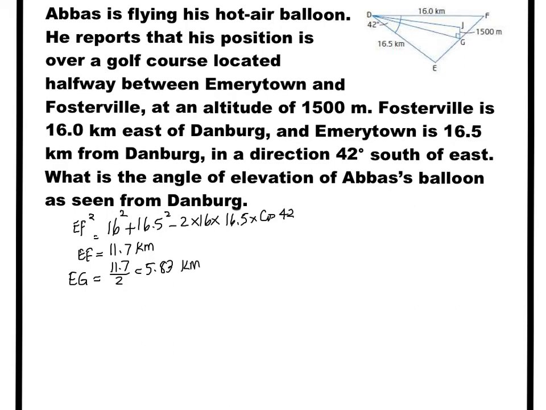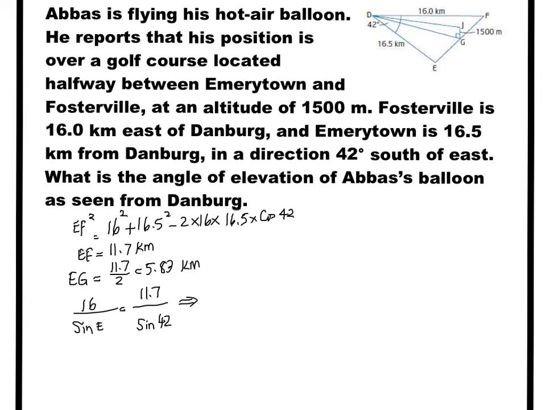Now in the triangle DFE, I can use the sine law and I can write that 16 over sine E is equal to side EF, which we found to be 11.7 kilometers, divided by sine of angle D, which is 42 degrees.